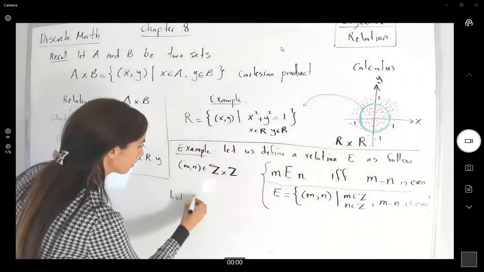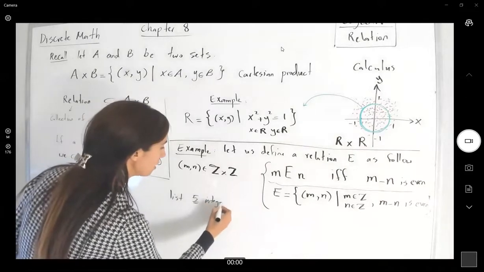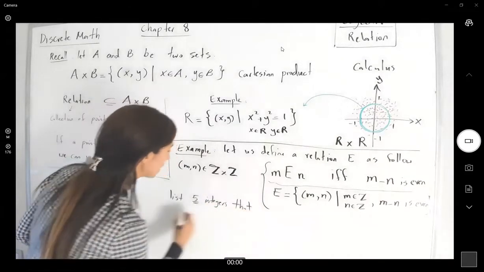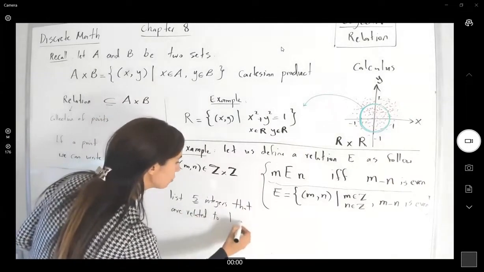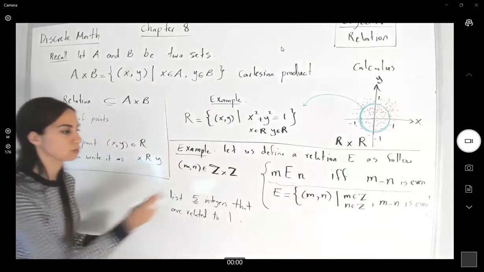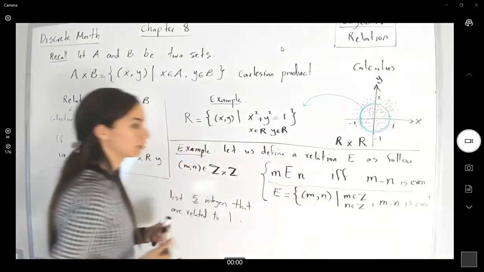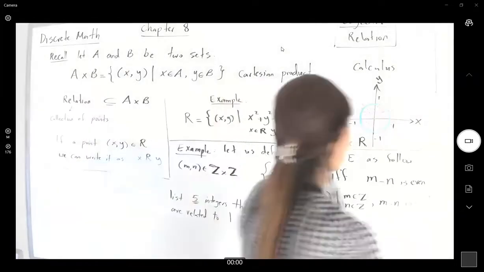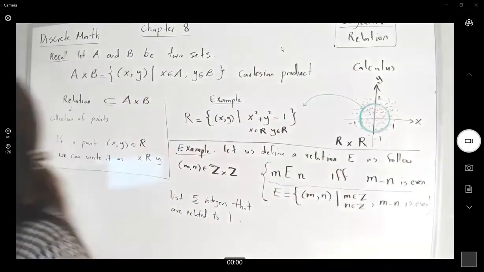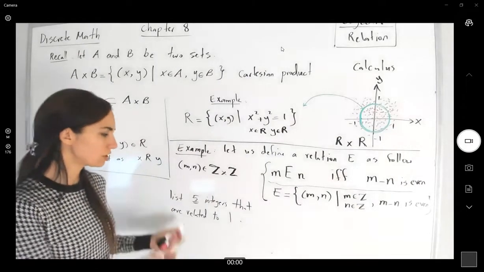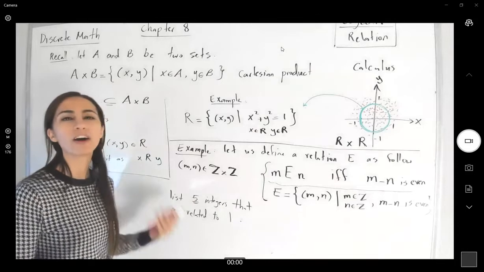List 5 integers that are related to 1. So we're looking for 5 integers that when we subtract them from 1, the outcome is even. 5 integers.